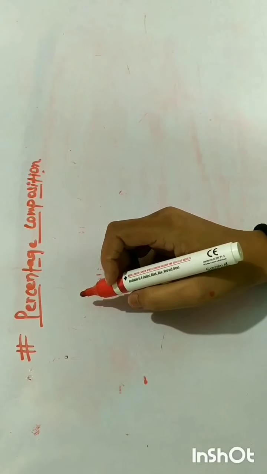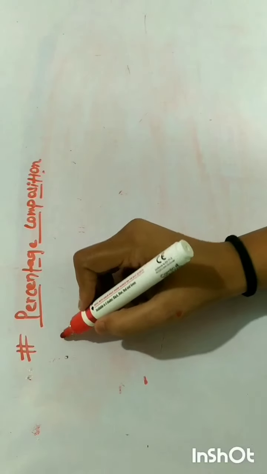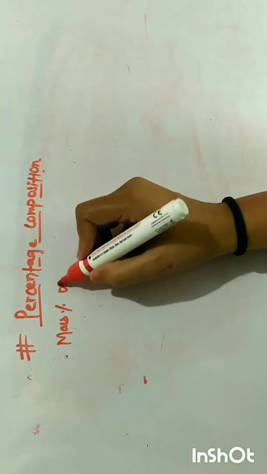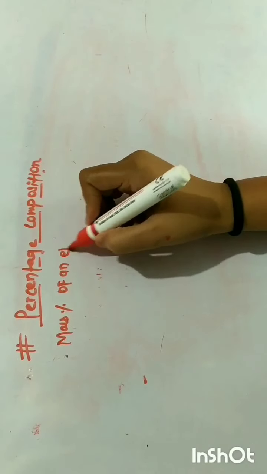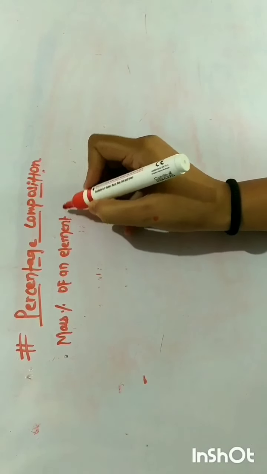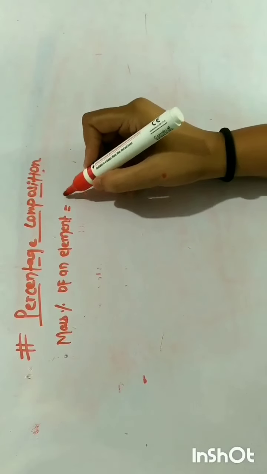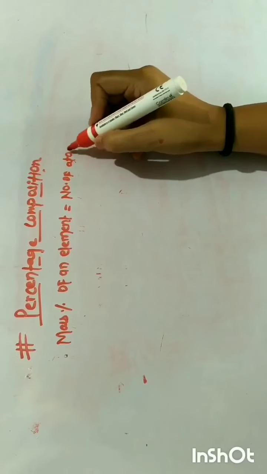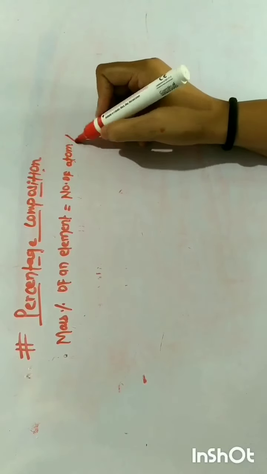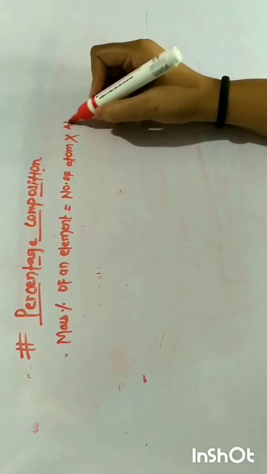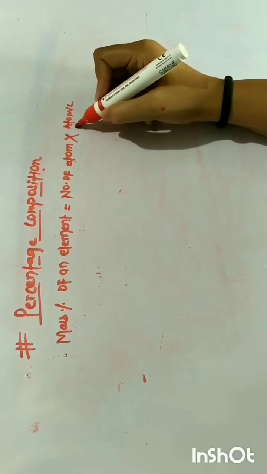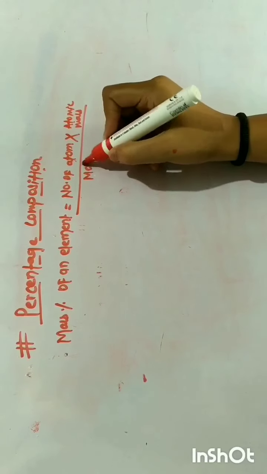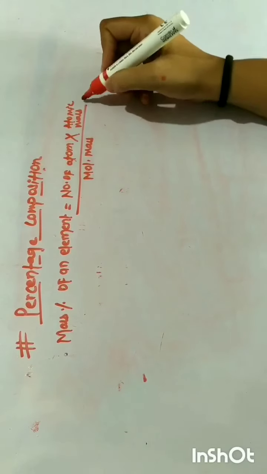So in a molecule or a compound, mass percent of an element is equal to number of atoms into atomic mass by molecular mass into 100.